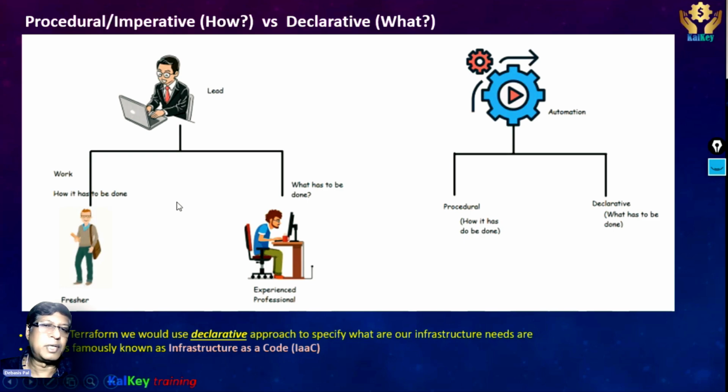But an experienced professional, who has grown a beard and has almost 5, 6, 10 years of experience in the organization, whenever talking to the team lead or tech lead, is always talking about what has to be done instead of how it has to be done.